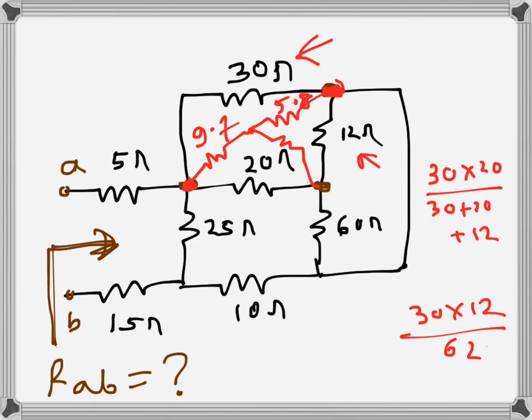Finally we want the value of this resistance, which will be 20 times 12, because these two are connected in the delta to that node. So 20 times 12 divided by 62 again, and we get 3.9. So that will be 3.9 here.